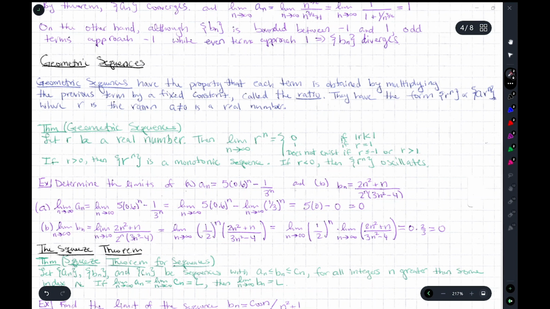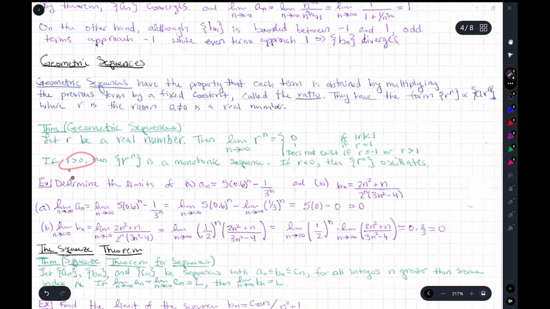So you'll get that oscillatory behavior between -1 and 1, and you don't really settle down on a term, and so the limit does not exist if r is less than or equal to -1, or r is strictly greater than 1. R strictly greater than 1 means the terms will grow without bound, right? So if you have 2, for example, then you keep doubling.